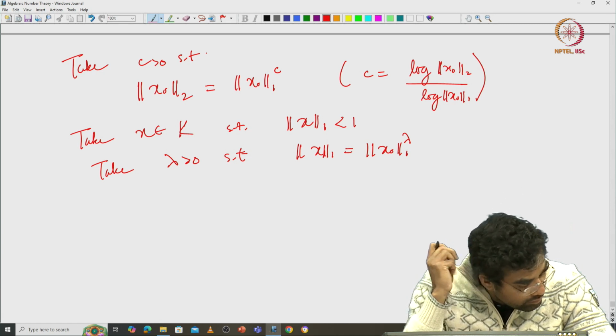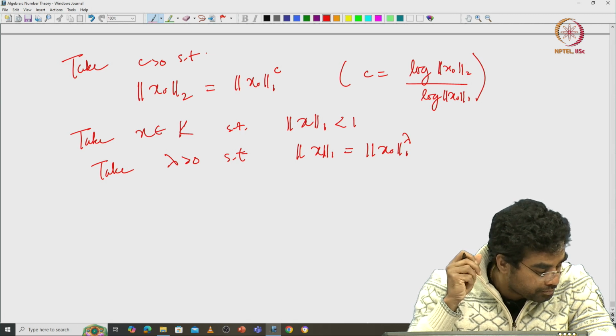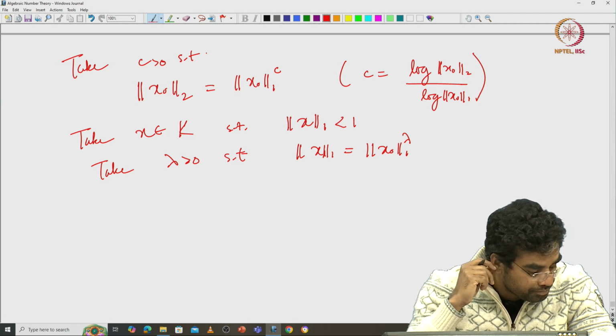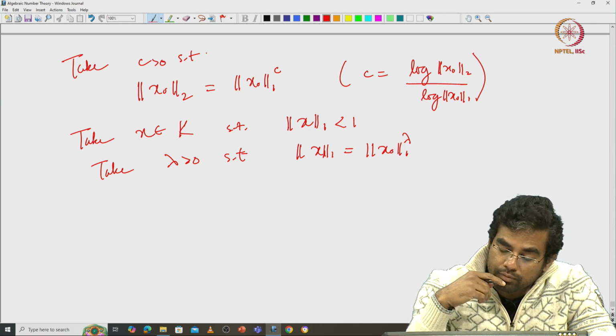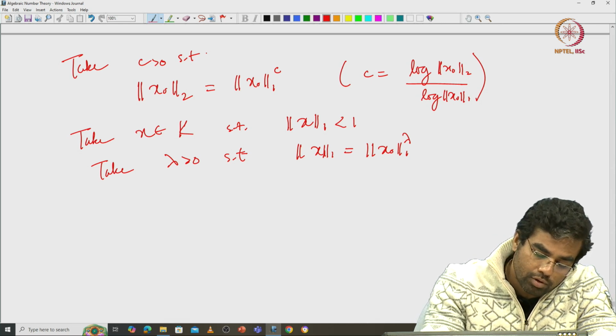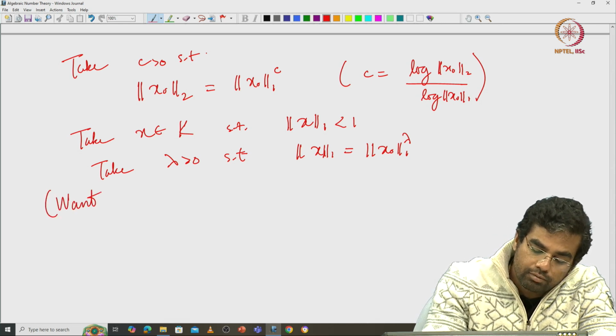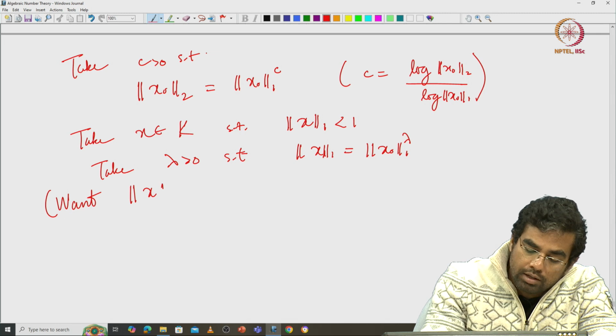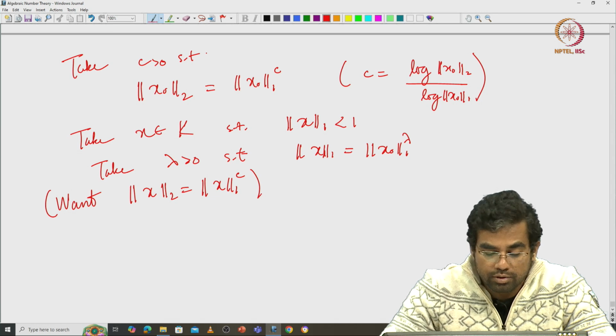So, what are we going to do now? Let us remind ourselves what we want. We want to show that the second valuation of x is the first valuation of x to the C, for this particular C.